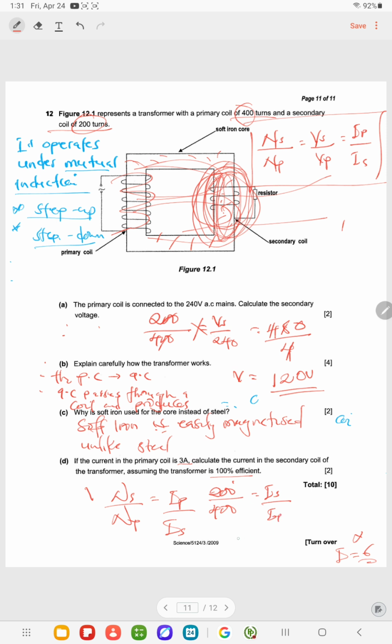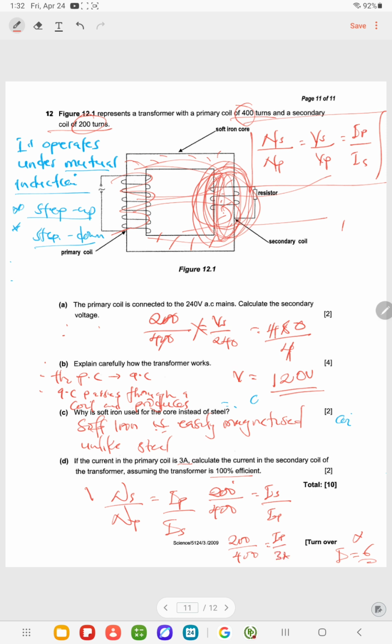Then I'm going to do the vice versa, so we'll put current secondary over 3 amps.